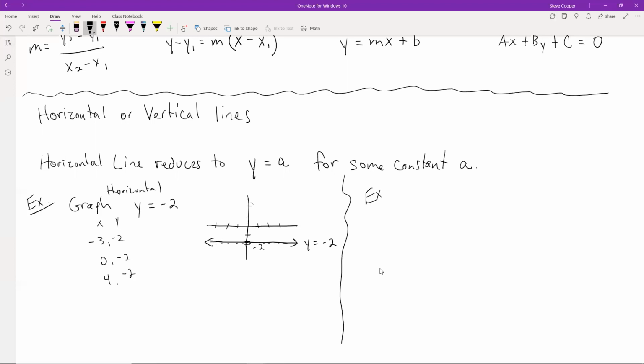So let's contrast that with a vertical line. We're going to graph, so a vertical line is x equals b, or some constant b. So let's graph x equals 3.